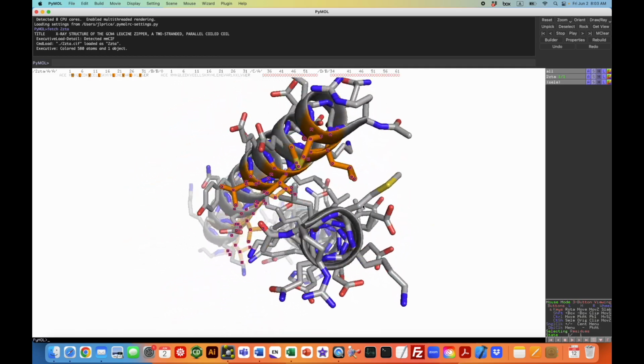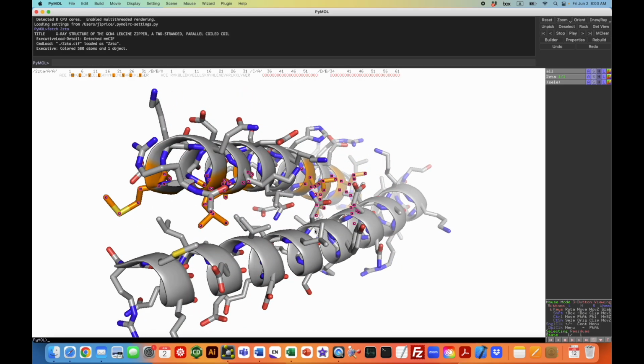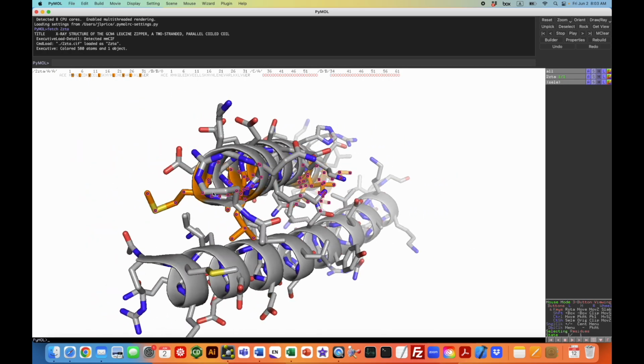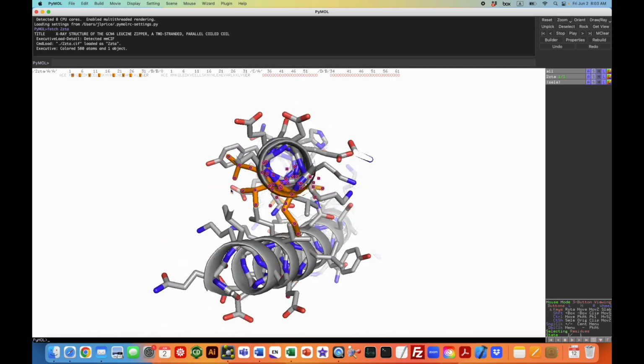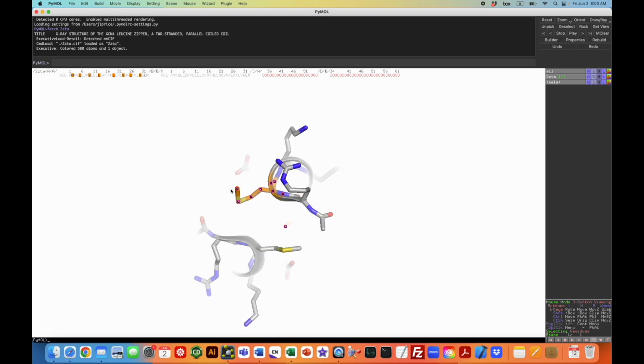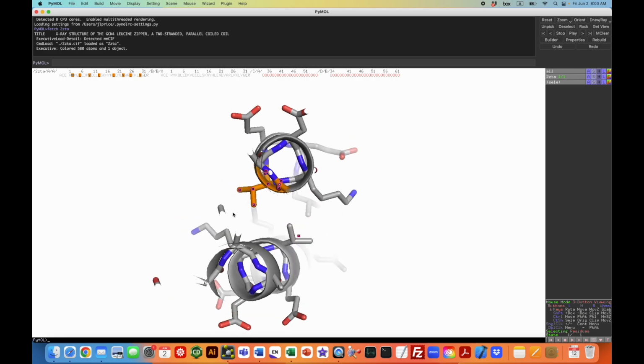So you can see that as we look down the helix, and let's look at it from the end terminus of the helix down, and we can sort of cut away and see this regular repeating pattern of amino acids that are nonpolar.